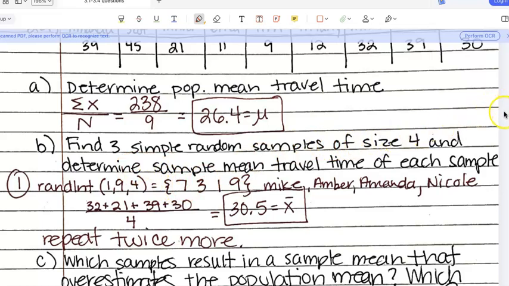This is a small number of a population to choose from. So I just used my calculator, which I had taught you how to do the random integer. So from 1 to 9 and choosing 4 of them because it says size 4.